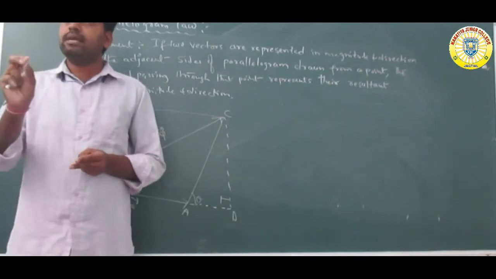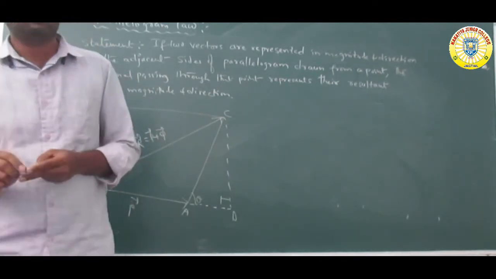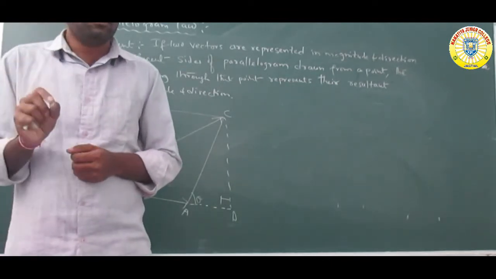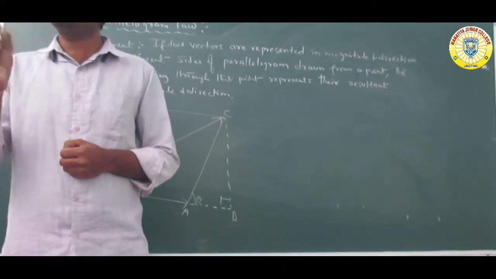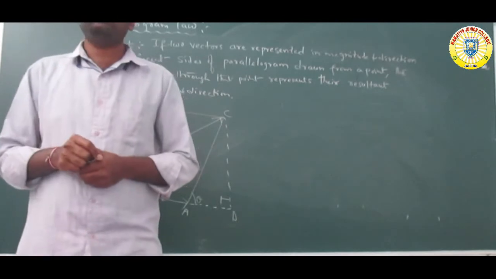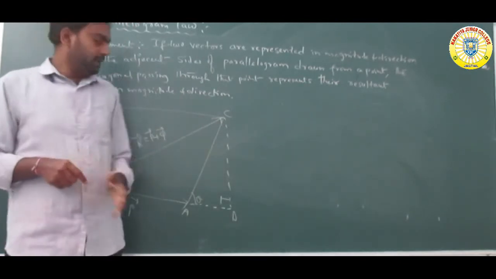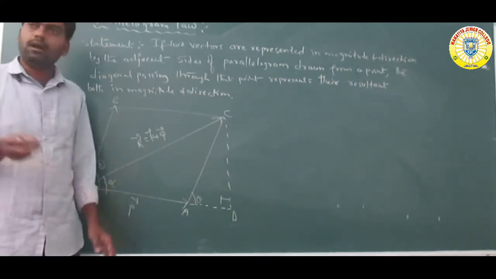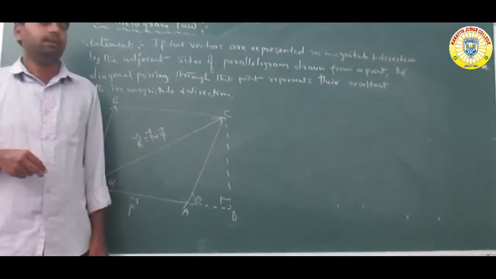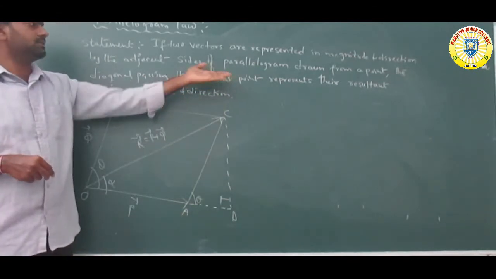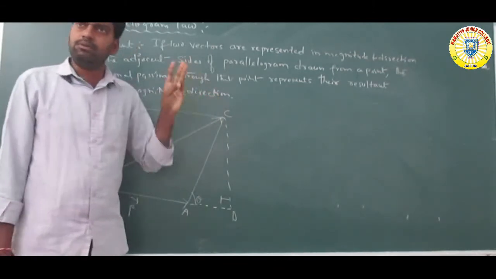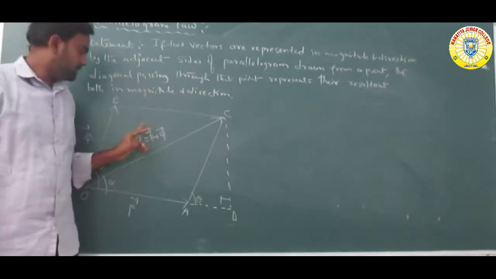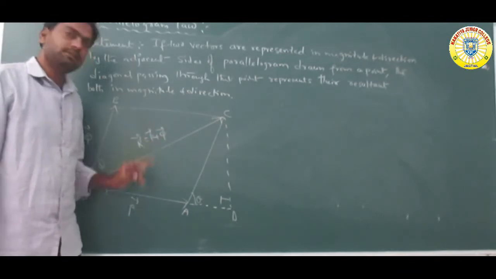The resultant vector means the diagonal. So the diagonal, also passing through the same point, gives the resultant of the two vectors, both in magnitude and direction. That means R is equal to P plus Q.